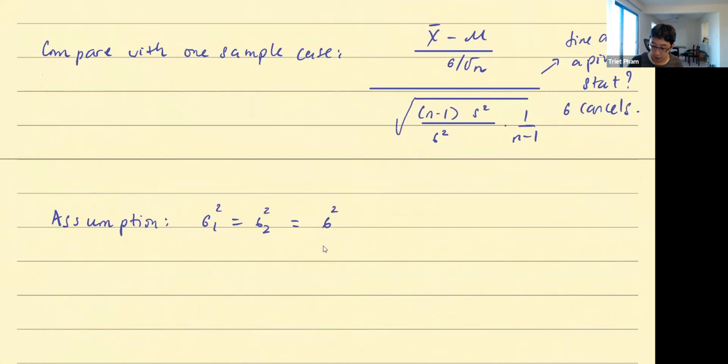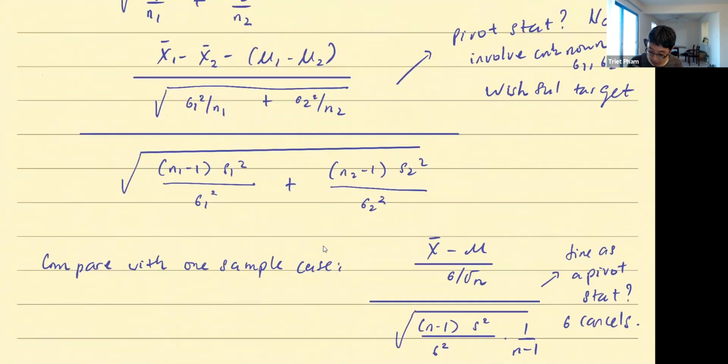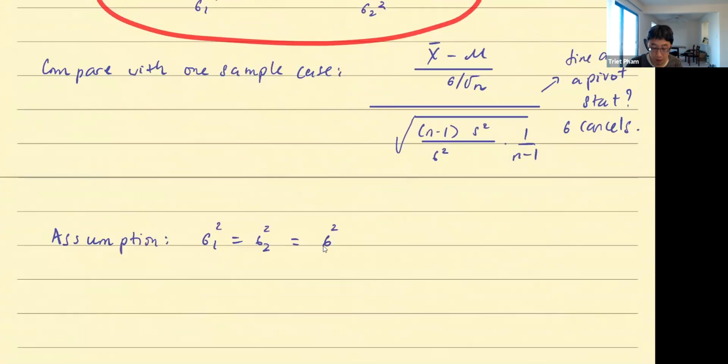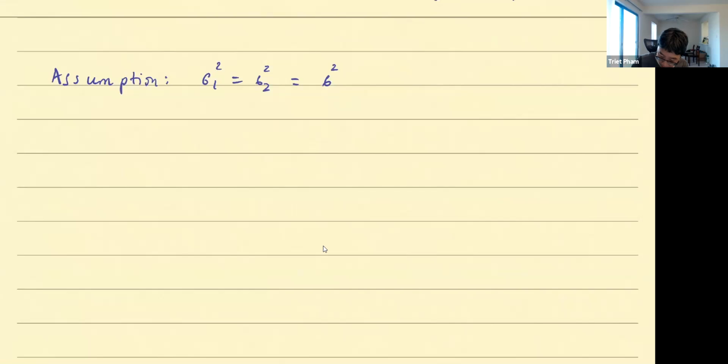Okay, then, maybe let's remember this. This is (n1 minus 1) s1 square over sigma square, plus (n2 minus 1) s2 square over sigma square.